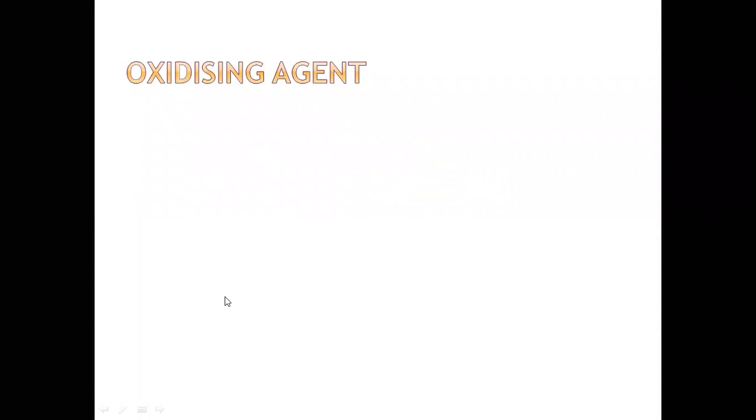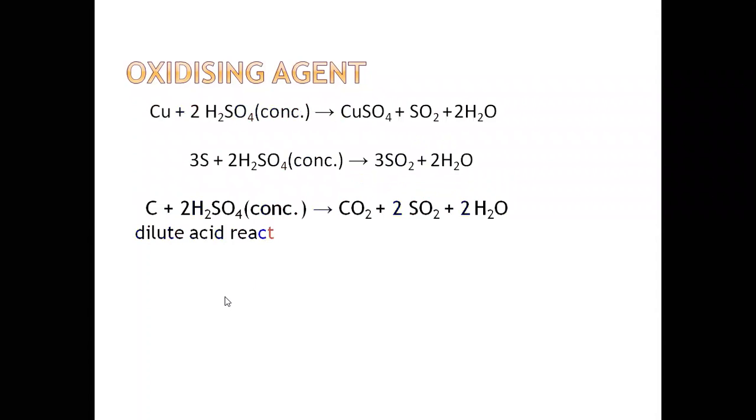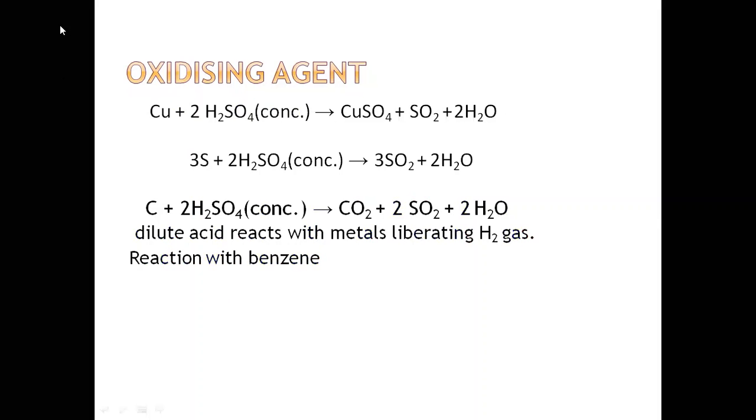And if we look at the oxidizing reactions of sulfuric acid, it oxidizes copper to copper sulfate. Here the oxidation state of copper is 0, and it changes to +2. Similarly, sulfur to +4. In the oxidizing reactions, one thing is common: it always gives us sulfur dioxide as well as water.